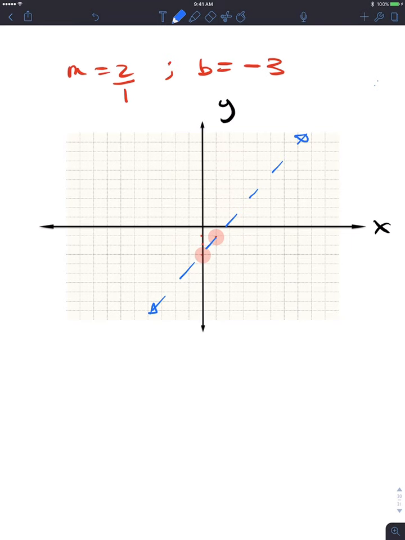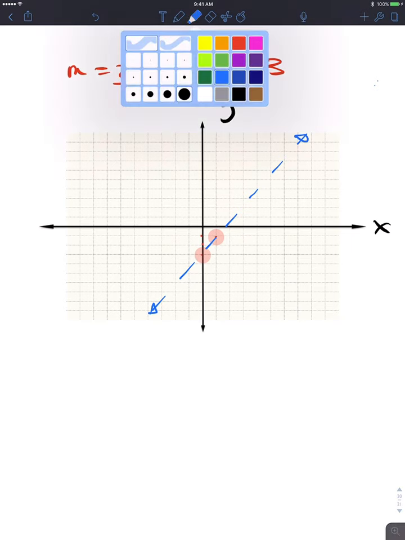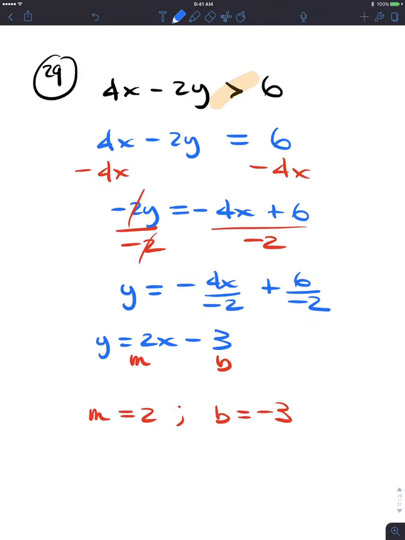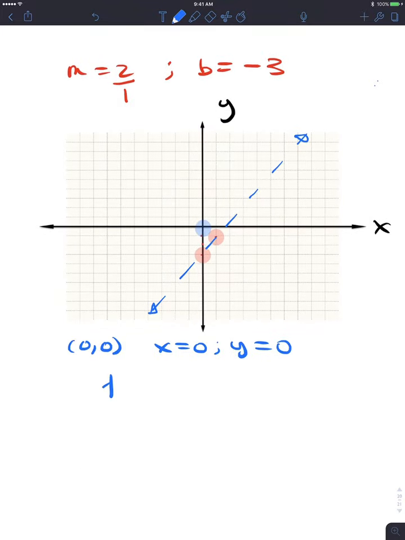If I notice, my origin's available again. That means the test point of 0, 0, which is x is 0, y is 0, is available. The original question is number 29, 4x minus 2y is greater than 6.